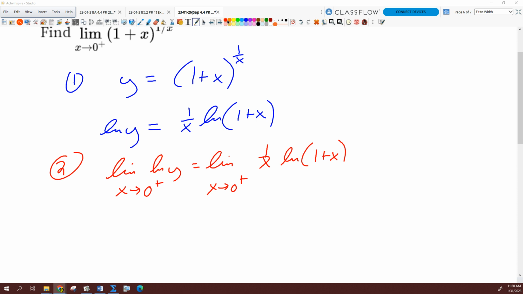So what's that going to give us? What form is that going to be? 1 over x as x approaches 0 plus is what? Infinity times, what's the log of 1 plus 0 plus? So the log of 1 point something. Yeah, think in terms of a graph.